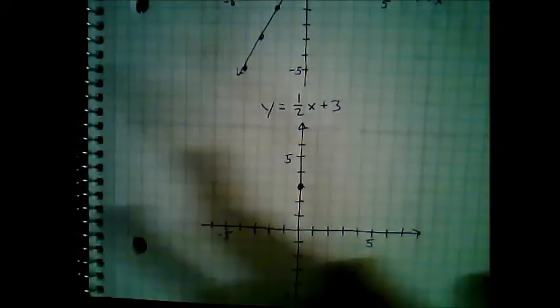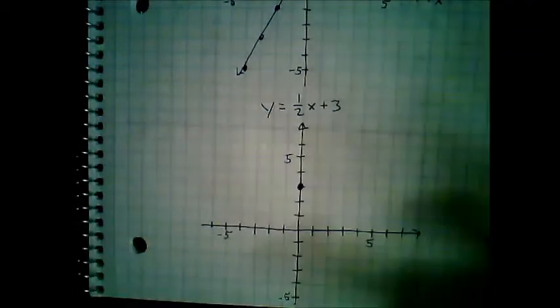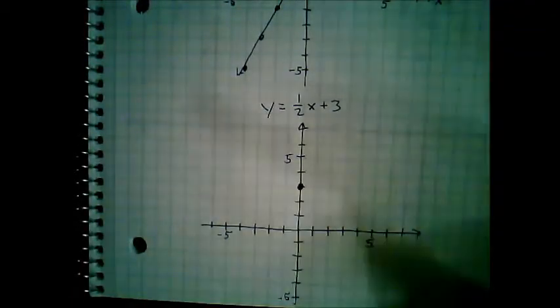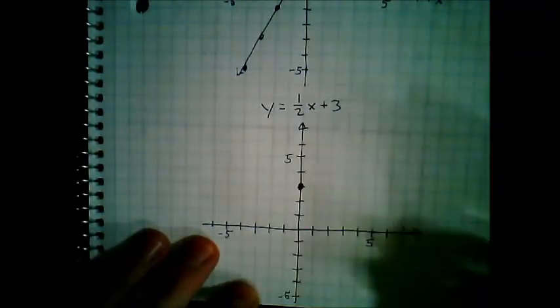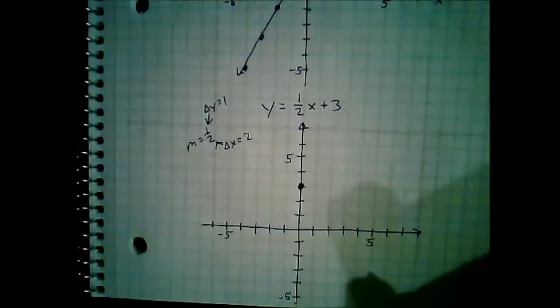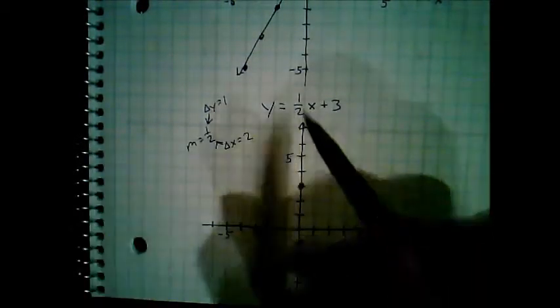Delta y is how many tiles we are adding, and our delta x is how often, or over how many figures. So this slope of 1/2 means our delta y equals 1 and our delta x equals 2. Our slope is simply what we multiply by x.